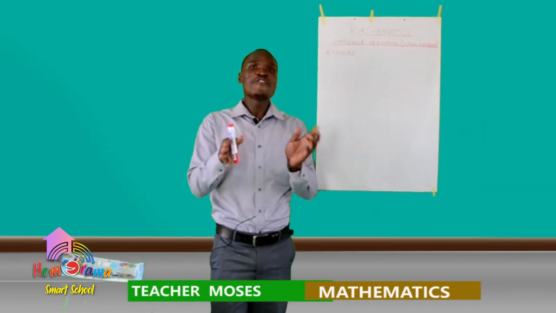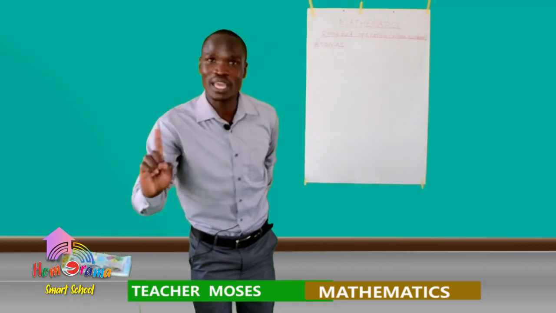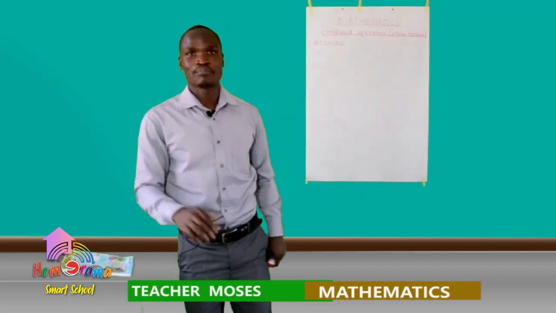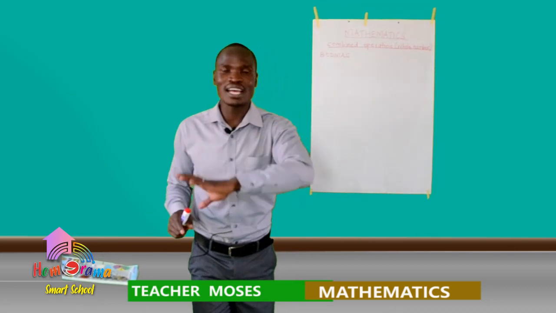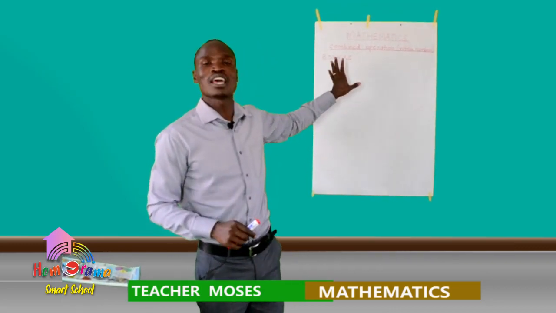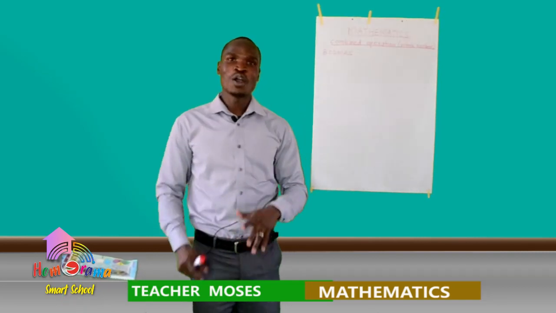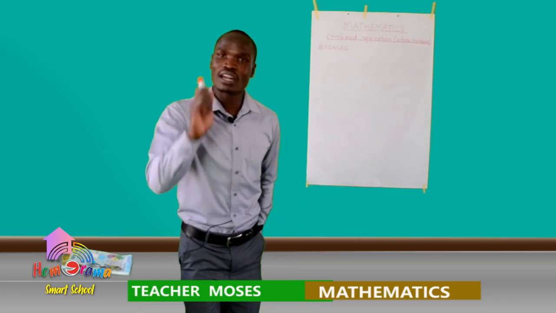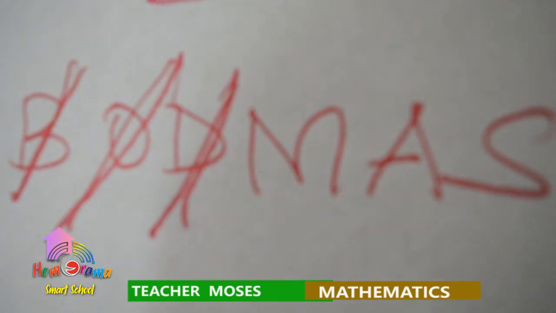But finally, the answers we are going to get are not going to be the same. So that we get the same answer, we have to use the rule of BODMAS. For us to get a correct answer, we must follow this rule.